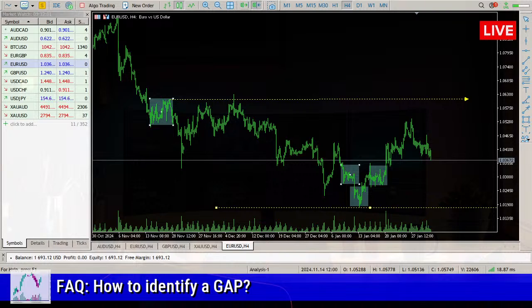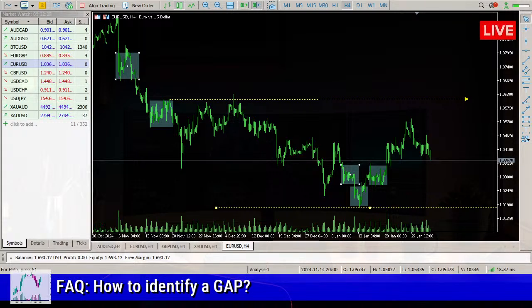This is just like a prediction. We need to verify by drawing a box within a consolidation area and trying to move the box to another consolidation area.